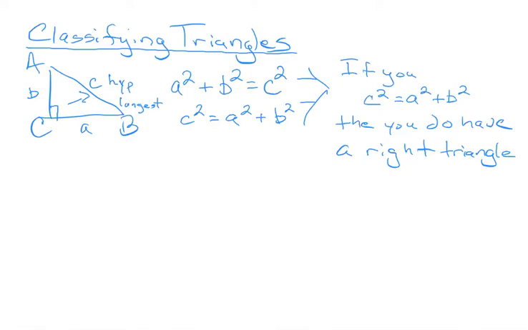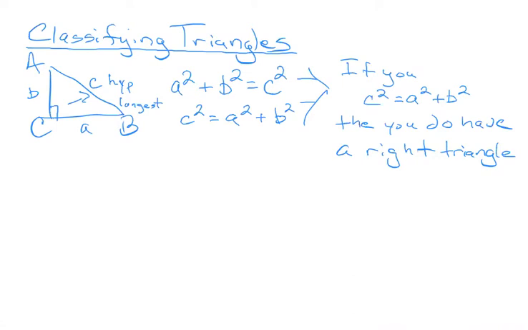Stating that because you have that relation, because you have C squared equals A squared plus B squared, or A squared plus B squared equals C squared, then you have a right angle. So therefore we could determine that this is a right triangle.